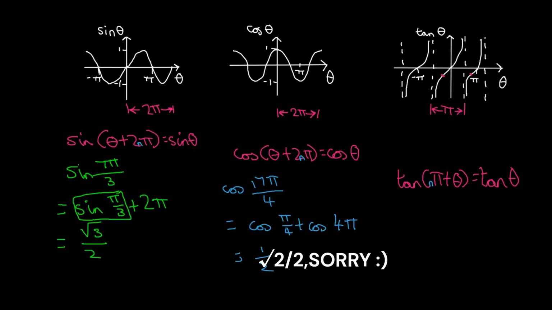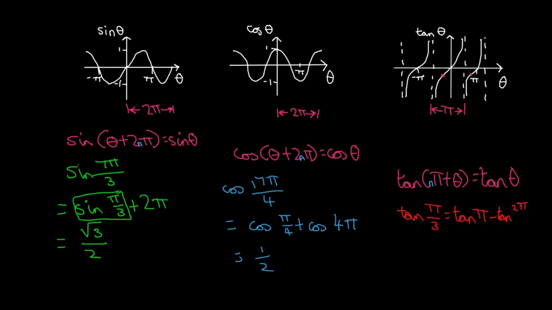Okay. Now let's look at our final one, tangent. Let's say we have tan of pi over 3. Now this is equal to the tan of pi minus 2 pi over 3. Now we have a minus sign here.